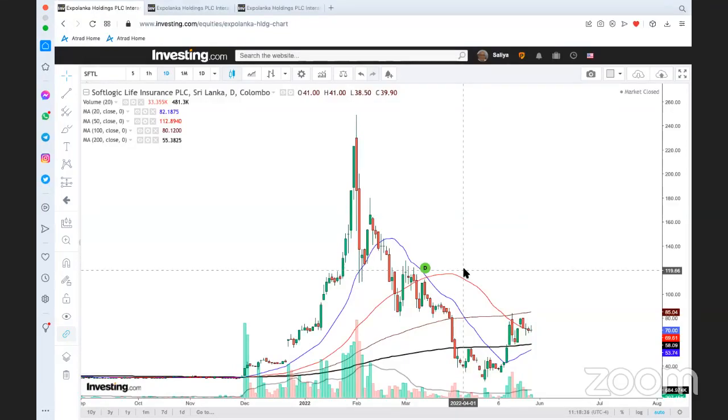First of all, we need to understand that those stocks, whatever we want to trade or invest in, right, those stocks have given a trend confirmation, right? So Softlogic Life also has a trend confirmation. These are very important events, breaking above the 200-day moving average is a very important crossover. So that's why we look at that.